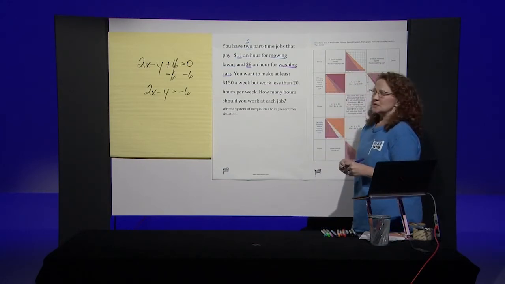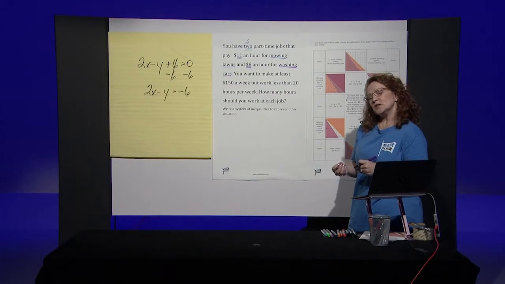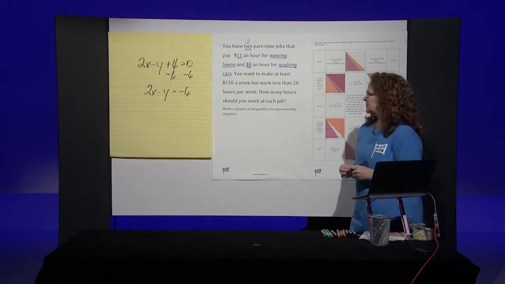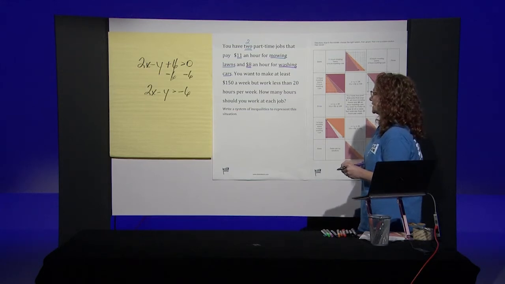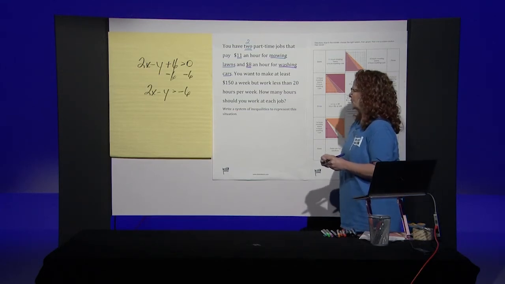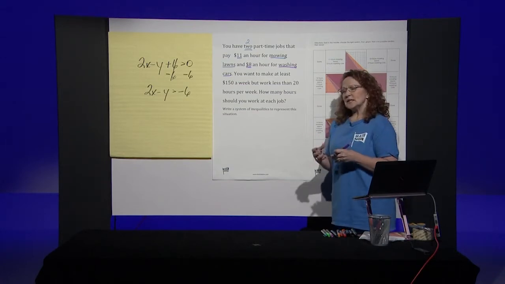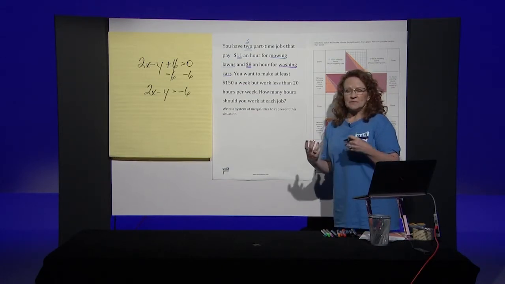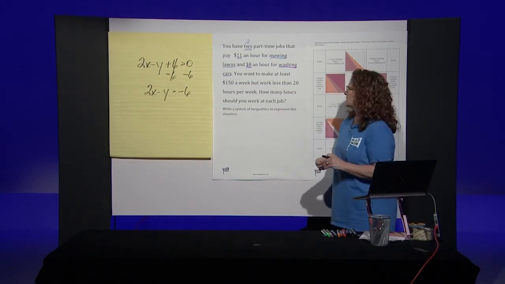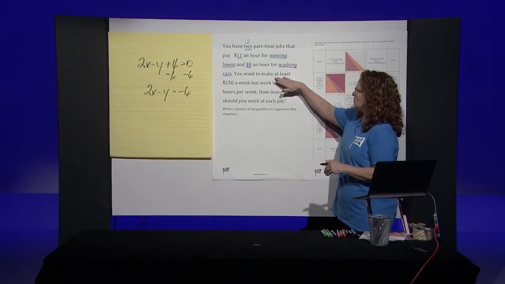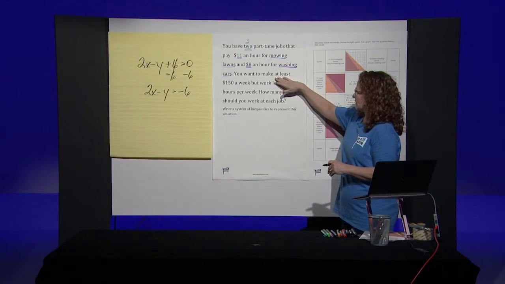So now let's go to the next sentence because we need to look and see if it gives us a total. You want to make at least $150 a week but work less than 20 hours per week. So let's look at why is this going to be an inequality instead of an equation? Well, I have a keyword right here that will tell me.